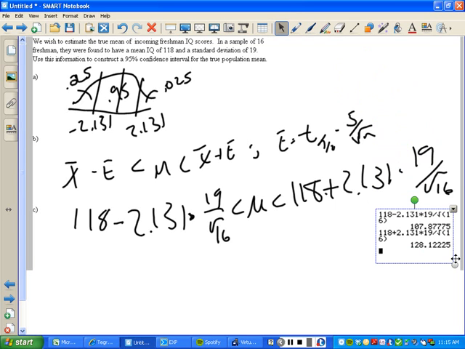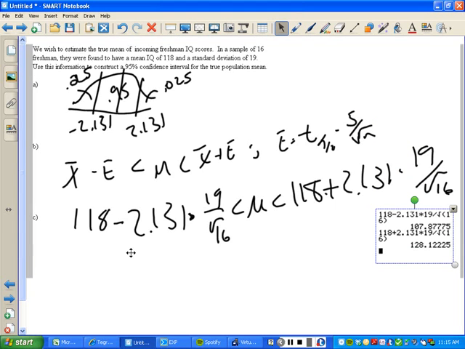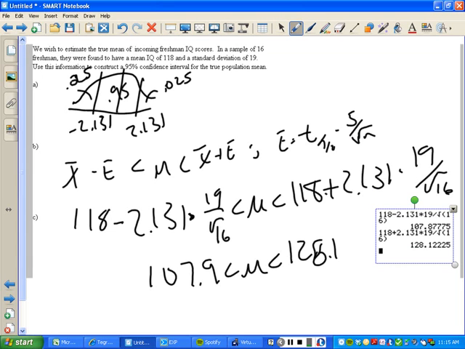And we'll get 107.9 is less than mu, which is less than 128.1. Why would we get the decimal at all when that 118 doesn't have any numbers after? You always get one decimal place more than they started with. They didn't start with any, so you get one place further than that.